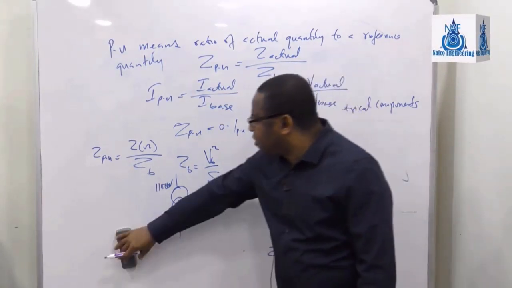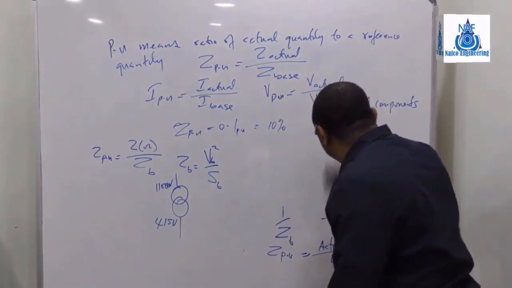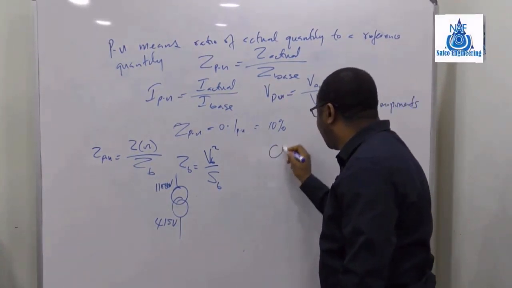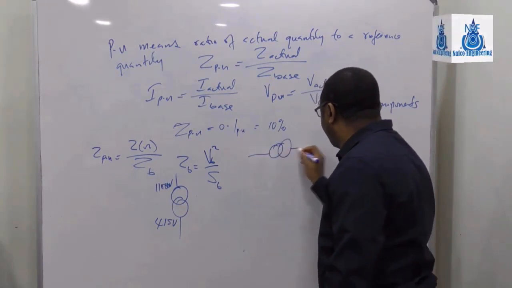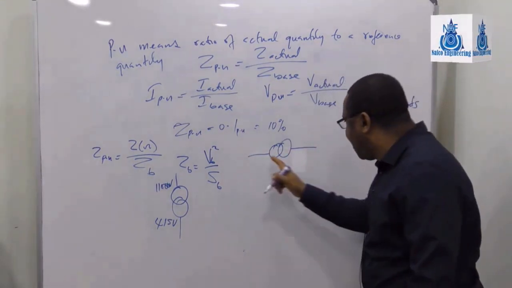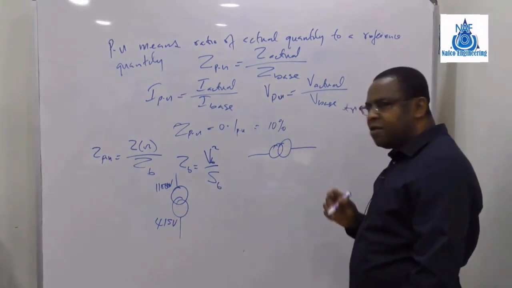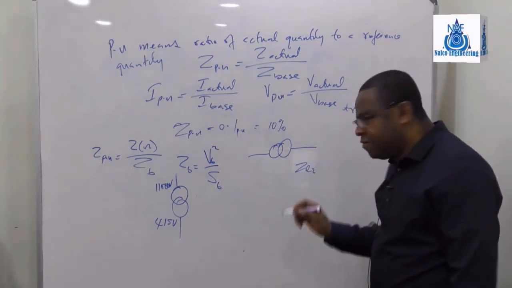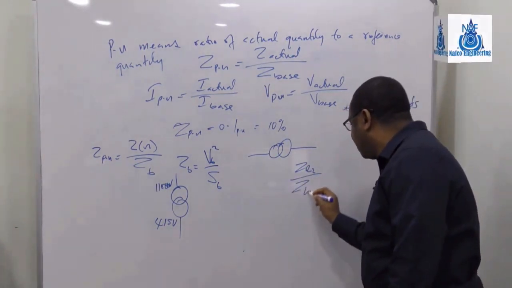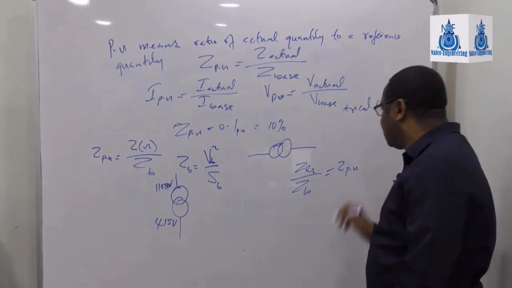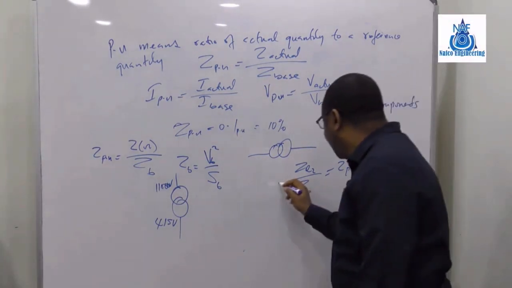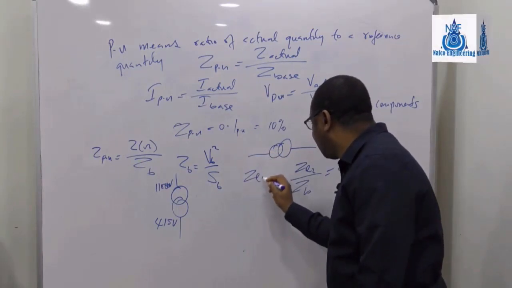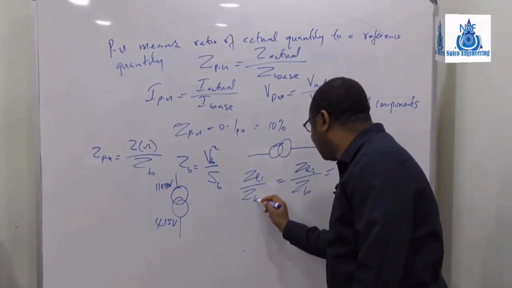Let's say you have a transformer like that and you refer all the impedances to the secondary, it becomes Z equivalent 2. If I take that Z equivalent 2 and divide it by the Z base, that will give you Z per unit. And the same thing, even if I refer all impedances to the primary, I have Z equivalent 1 divided by Z base.